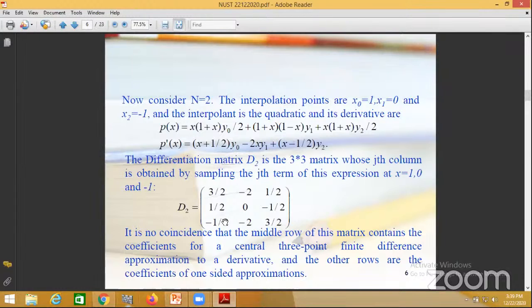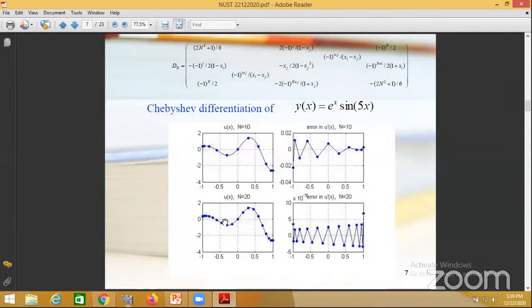It is similar to the formulas developed in finite difference schemes. In a similar way, we can obtain the differentiation matrix of order n. The coefficients of Dn are represented in this matrix.